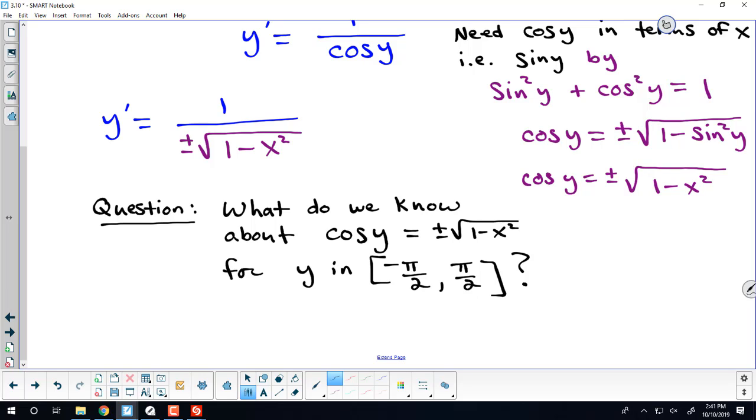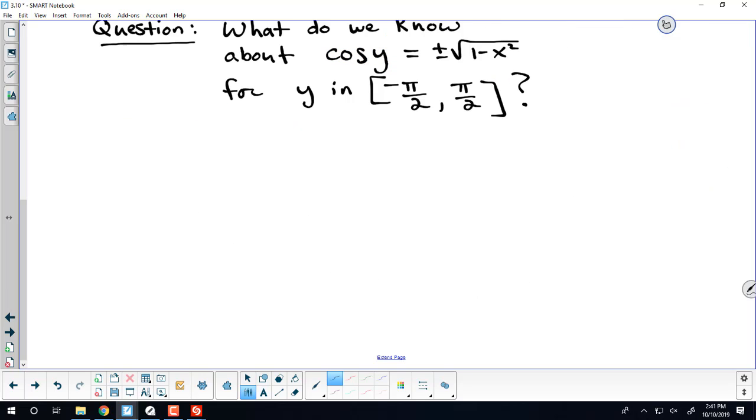0 on the endpoints, right? What about all of the values in between? So here's cosine of y, and our inputs are just some y values.